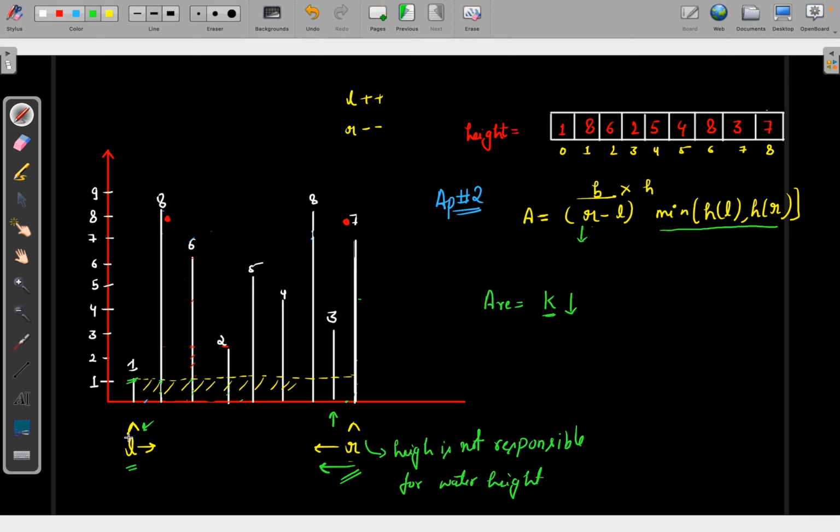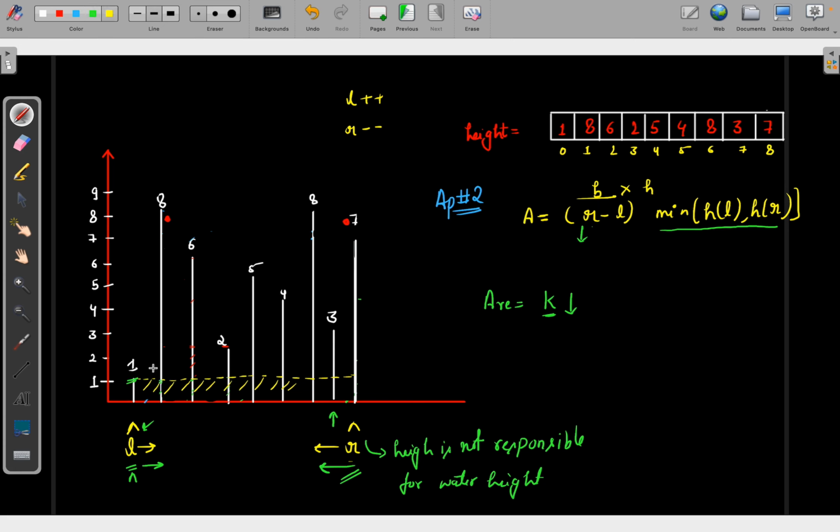So the only possibility is that I can get a maximum area when I am moving that pointer whose height is responsible for the water content. So here this pointer height is responsible for the water content. I will move this one, not this one.